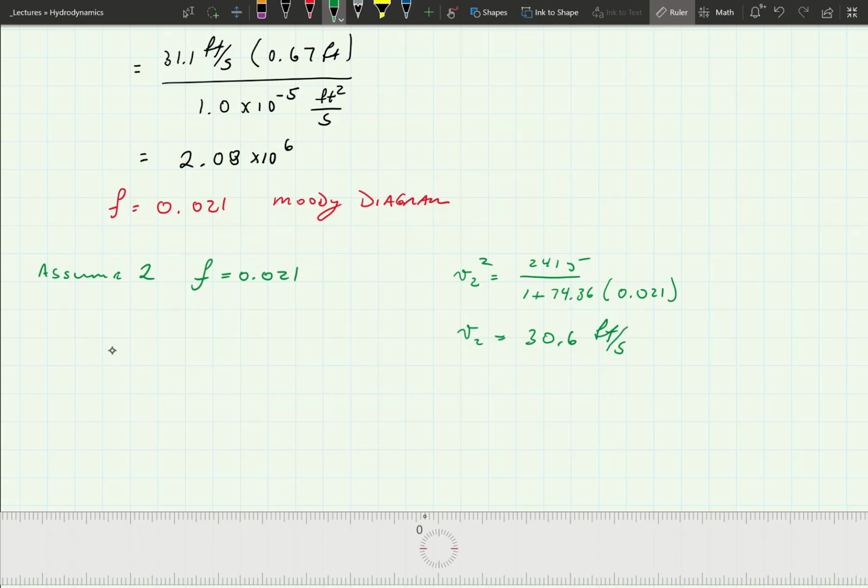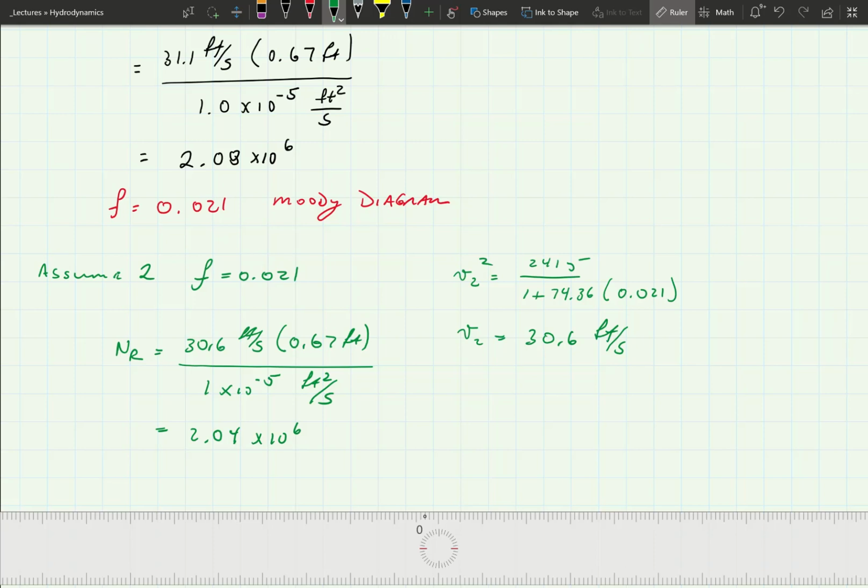Okay. Now we push that into Reynolds number. 30.6 feet per second times 0.67 feet divided by 1 times 10 to the negative fifth feet squared per second. And we get a new Reynolds number of 2.04 times 10 to the sixth.